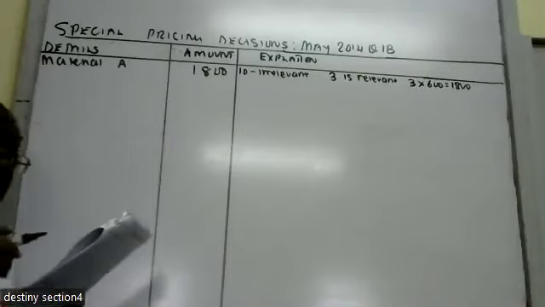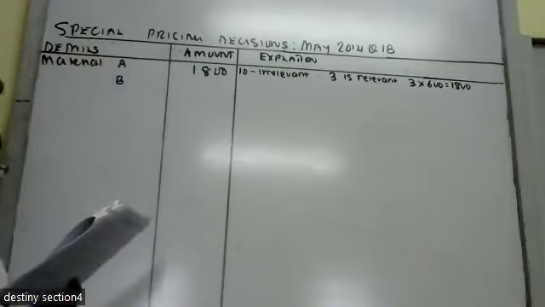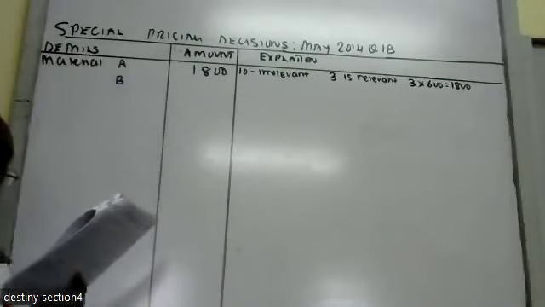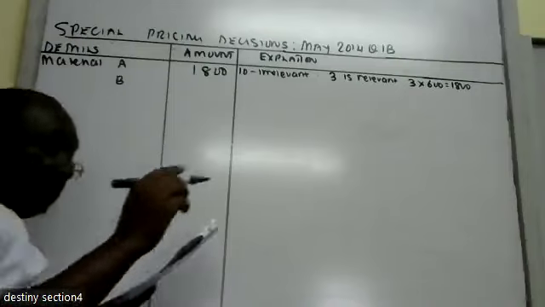Tuende kwa material B. Material B is mentioned in information 2. We are told that this is in continuous use by the business. The historical cost of 7 per liter, although current supplies are being purchased at what? 6.5.